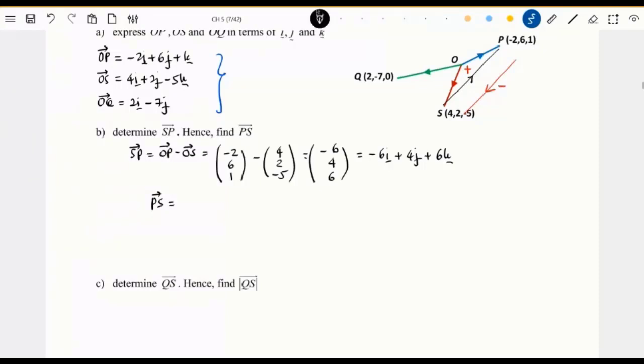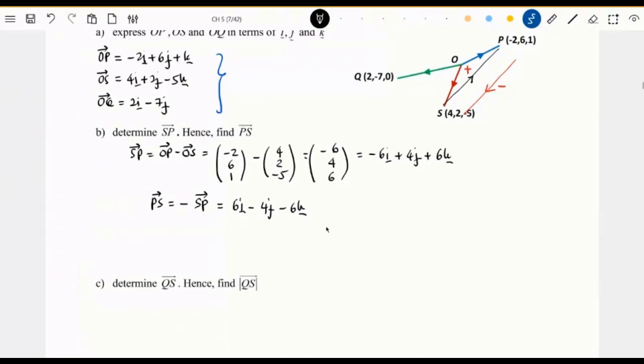So the way on how to solve PS is we're gonna have negative SP. Sebab kamu dah cari dah SP at the first place, so you just have to multiply with the negative sign. So we're gonna have 6i minus 4j minus 6k. Because we have different direction. So ini kita assume sebagai positive direction, ini kita assume sebagai negative direction. Okay. Alright, so that one part B done.